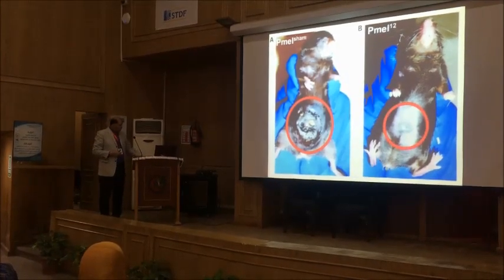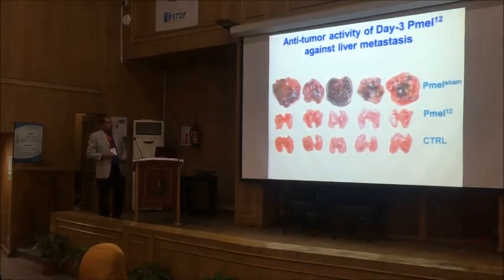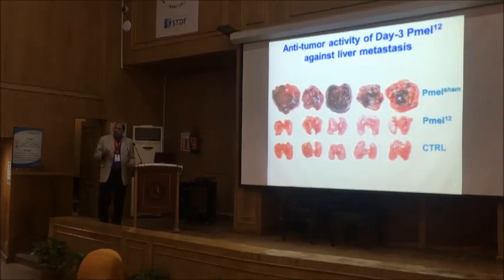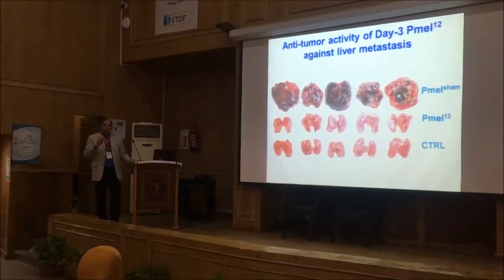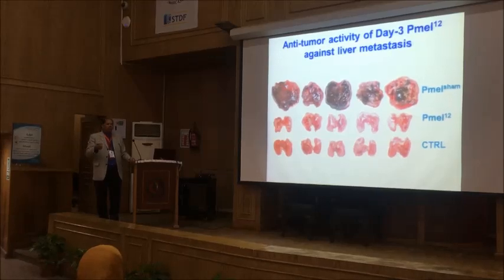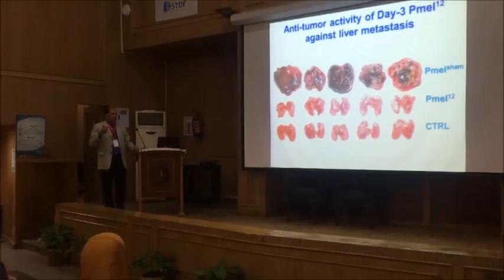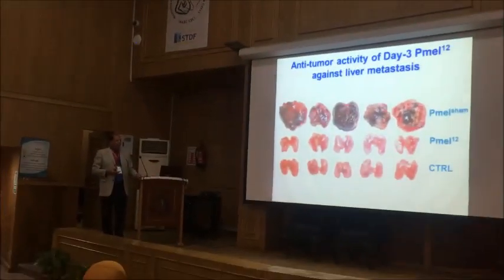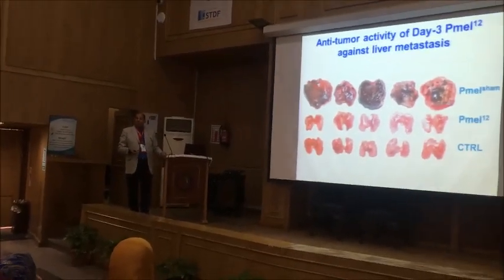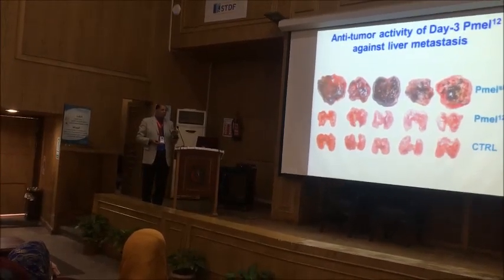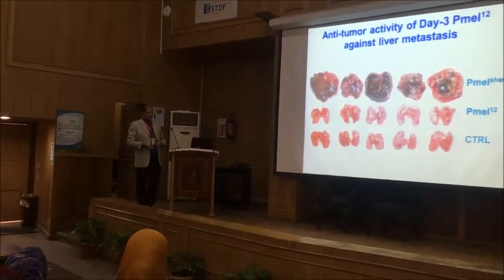We used another model, based on liver metastasis. You inject the tumor cells, called B16 melanoma. They are black cells, of course, because they are melanocytes, and you infuse them through intravenous injection. They home into the lung, into blood, not into liver.